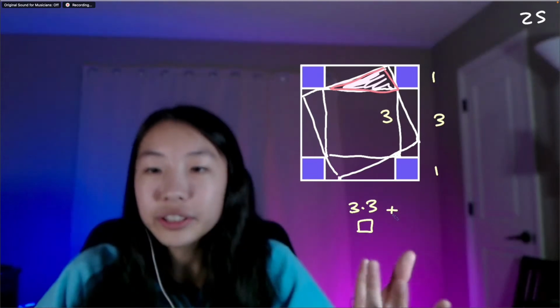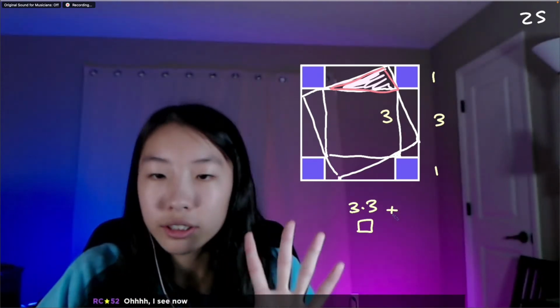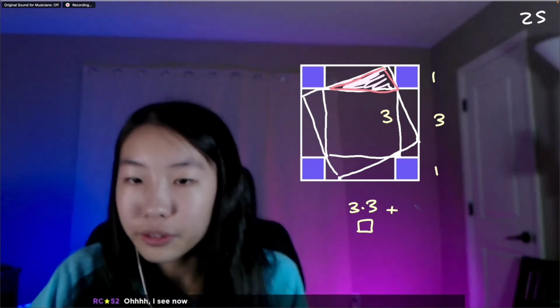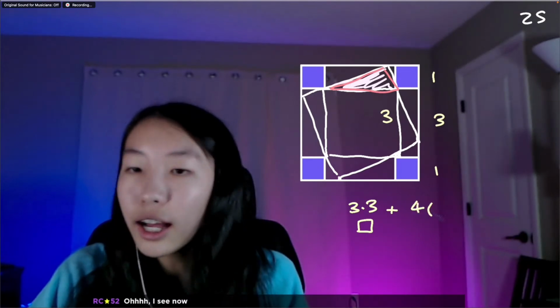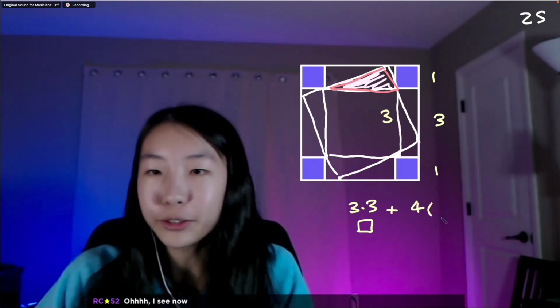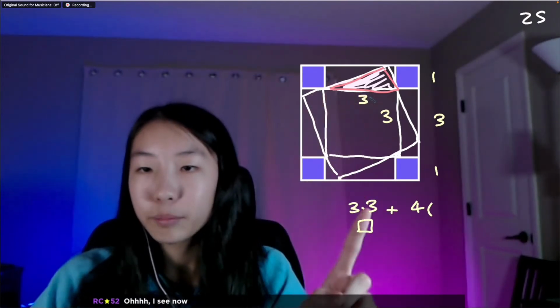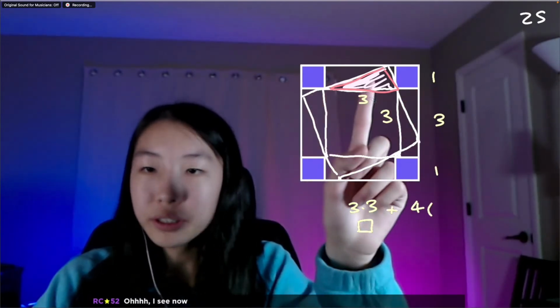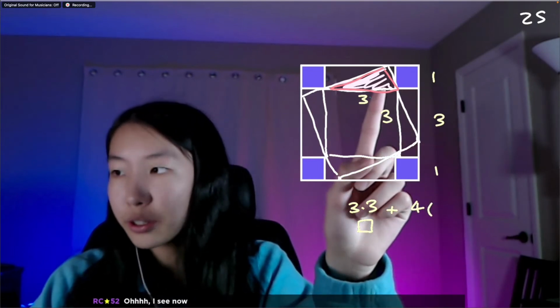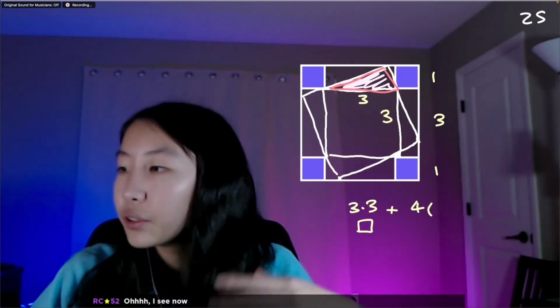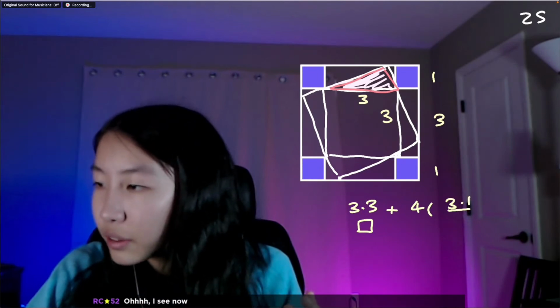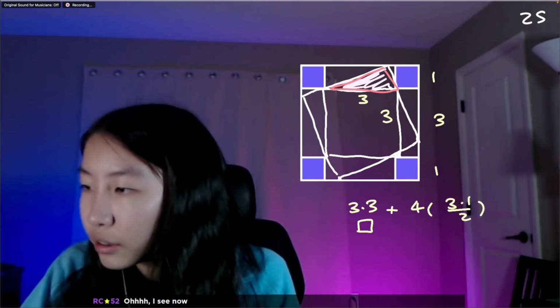And then, of course, we want to add on the 4 red triangles. So 4 times the area of each of those red triangles. And as we established, the base is 3, parallel to here, and the height is 1, parallel to the unit square in the corner. So 3 times 1 over 2 for each little triangle.